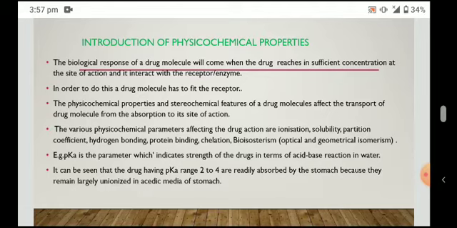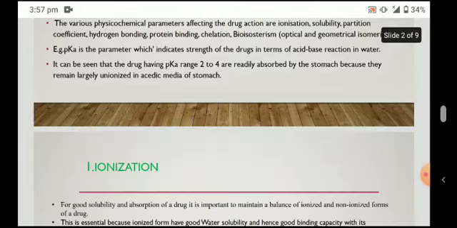In this way, each and every physicochemical parameter affects the human body, so it is important to know the various properties of these parameters.